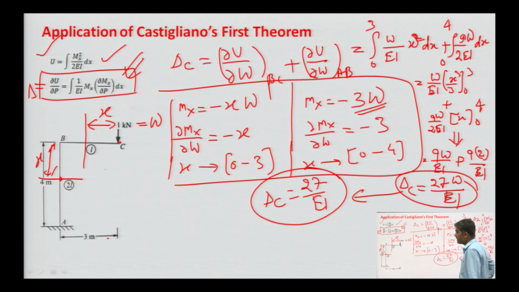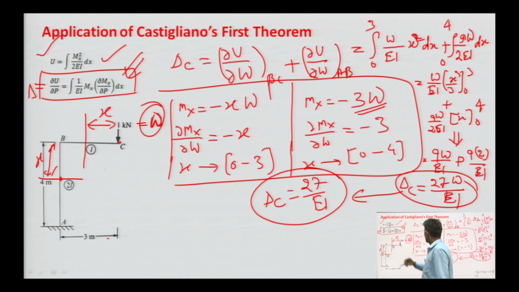To get the displacement using Castigliano's theorem, what are the steps? First, the numerical value of the load should be replaced by either W or P, so that the strain energy can be differentiated.